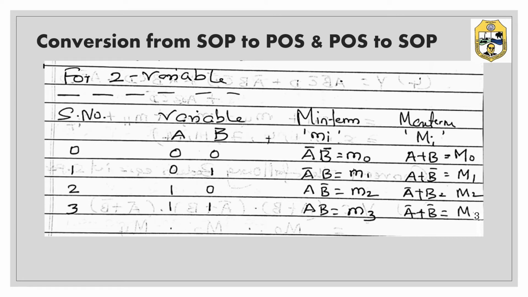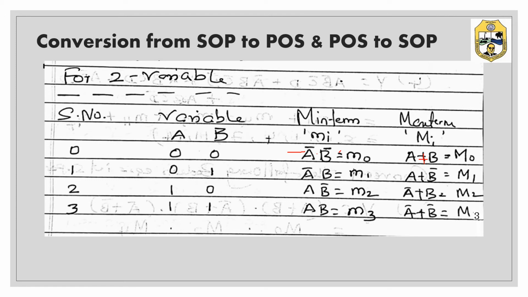For the max terms, it is just the opposite. For zeros we have taken A bar and B bar in min terms, but in case of max terms, for zeros no bar is taken, that is, it is taken as A, and in place of multiplication it is taken as addition. So A plus B is indicated by capital M0.